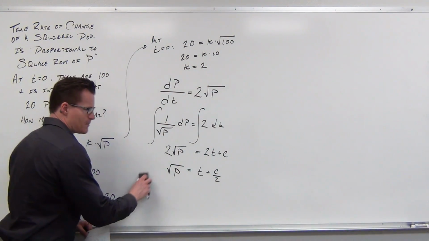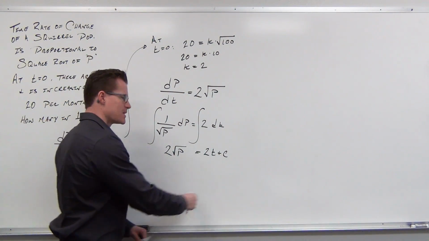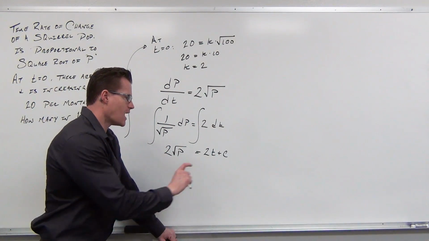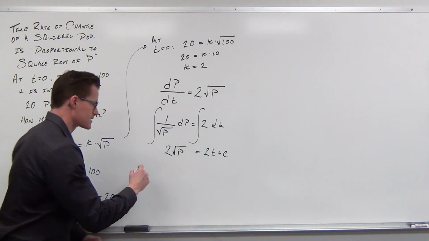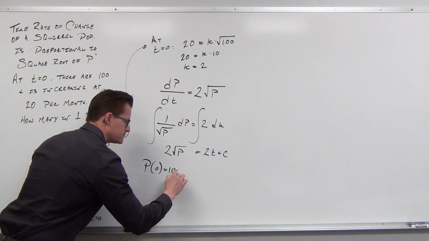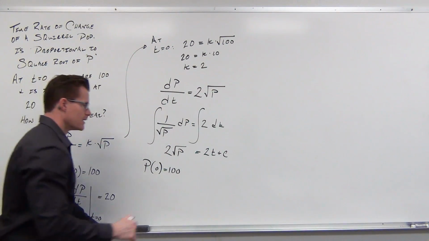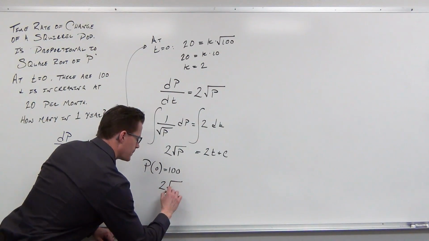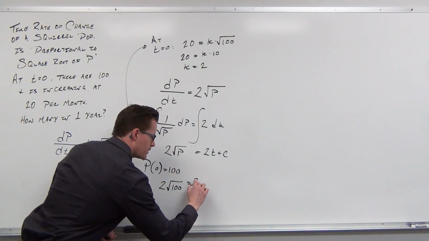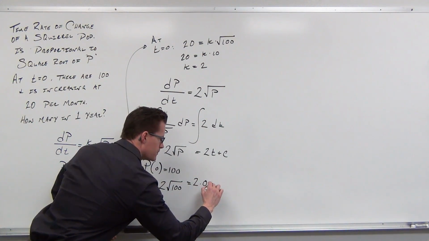If I solve this for p right now without getting that arbitrary constant, I'm going to have to go backwards. So let's say the initial population at time 0 is 100. Let's put that in: our population is 100 when our time is 0.